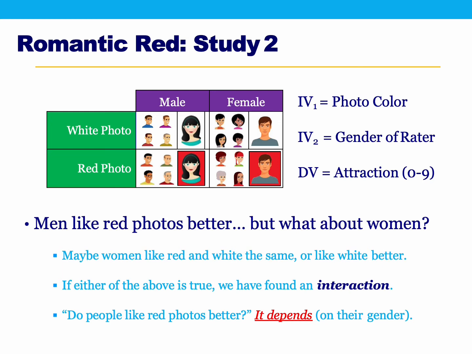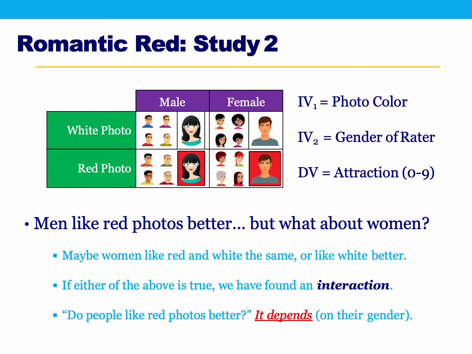And just like before, we have three different things that we're testing for. One is the main effect of photo. When we look for a main effect of photo, we're asking, regardless of gender, is the mean attractiveness for the white photo different than the mean attractiveness score for the red photo?